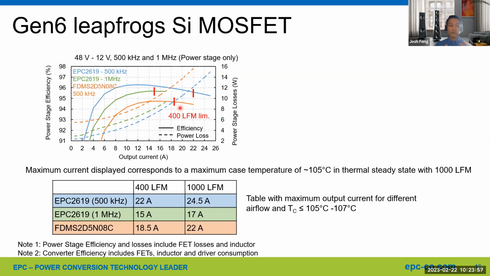And if you were to benefit from higher switching frequency or smaller inductors, for example 1 megahertz in this case, the green line is still at least 1% better than the 80 volt silicon device out there. And this is obviously running at 400 LFM. If you have the possibility to increase to 1,000 LFM, the output current can push a little bit further.